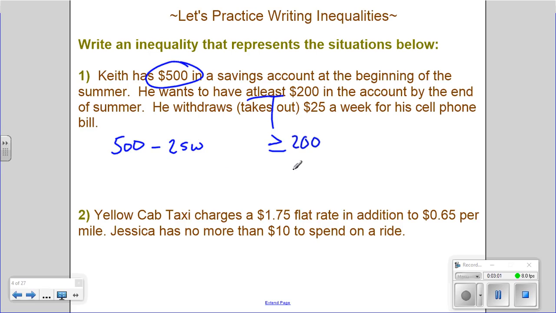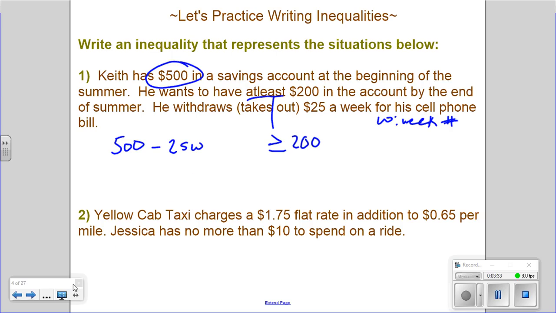So this would be the inequality for this scenario: 500 minus 25W, W representing the week number. So like week 1, week 2, you would just change the number there to tell you how much is left in the account.